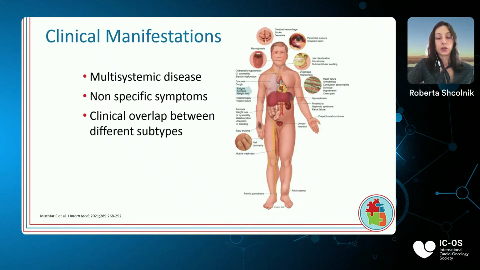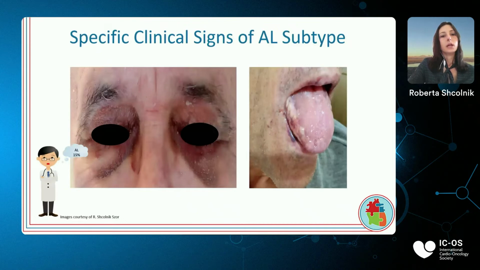But when we face a patient with these two abnormalities, named macroglossia and periorbital purpura, we are in front of a patient with AL subtype. These two manifestations are specific for this subtype, but they are not frequent. Only about 15% of patients will present them.